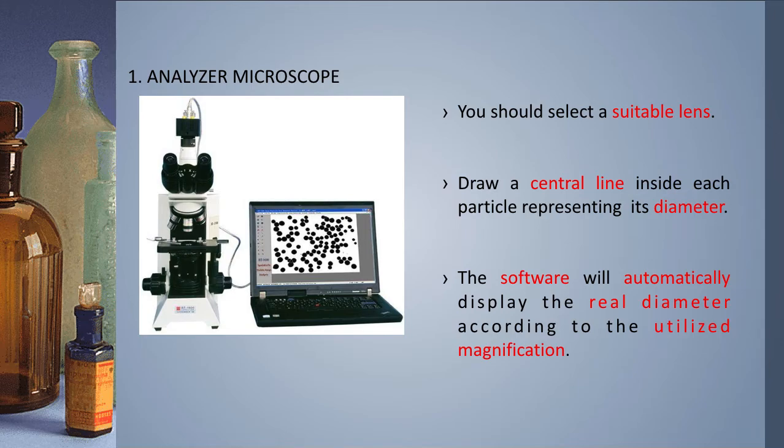The software, based on the magnification, will write digitally as a number, like 200 micrometer, 100 micrometer, the size of your particle. Of course, you have to repeat that several times to take the average, and the software will calculate the average automatically.